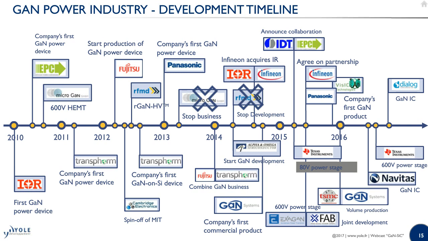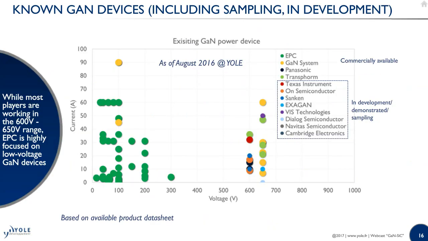Now let's look at the GaN products that are available. Here is a product chart of the GaN devices by year 2016, based on available information and product datasheets. So far, we have 4 companies that have commercially available products.